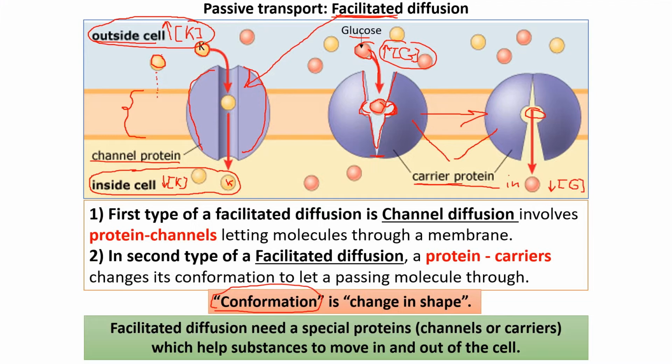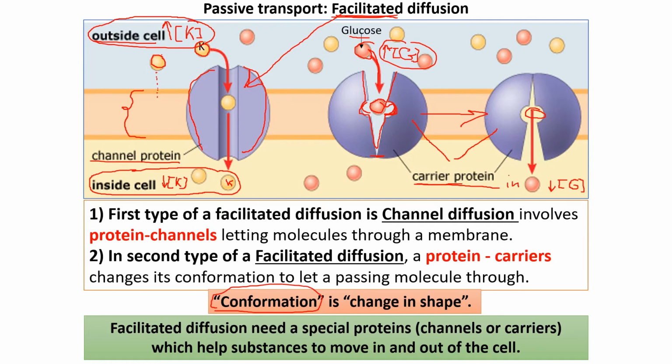So the first type of facilitated diffusion is channel diffusion, which involves transmembrane protein channels letting molecules through the membrane. It's again as in the example of potassium. And the second type is facilitated diffusion through special transmembrane protein carriers, which can change shape, conformation, to let molecules pass through.